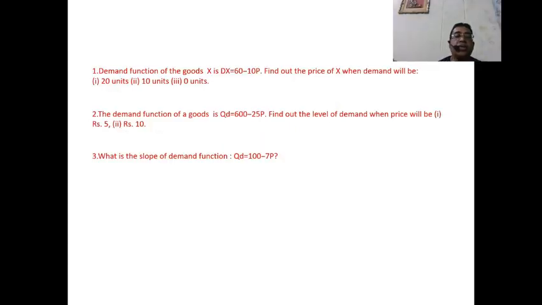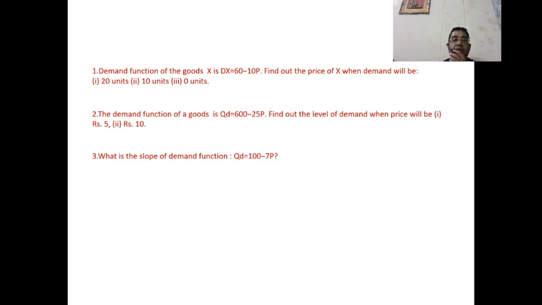Now we see some numerical problems related to the demand function. The demand function of good X is Dx equals 60 minus 10p. Find out the price of X when demand will be 20 units, 10 units and 0 units.